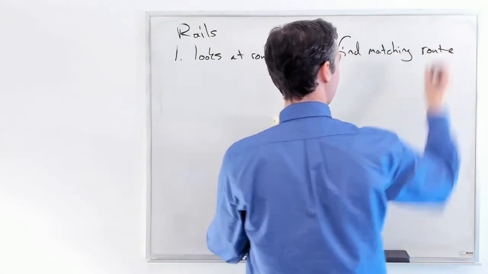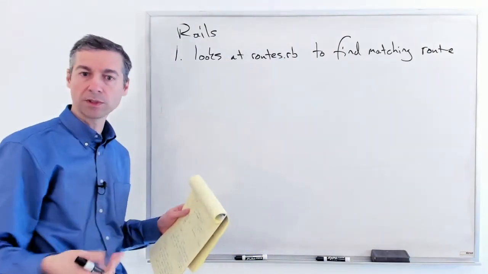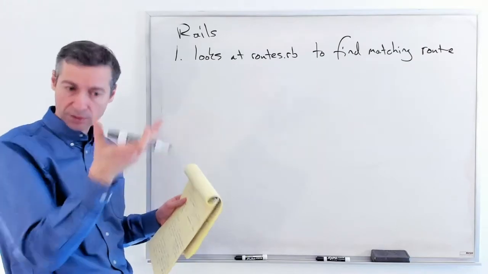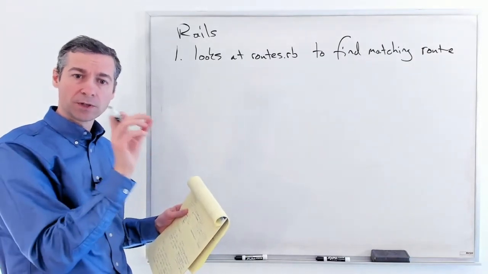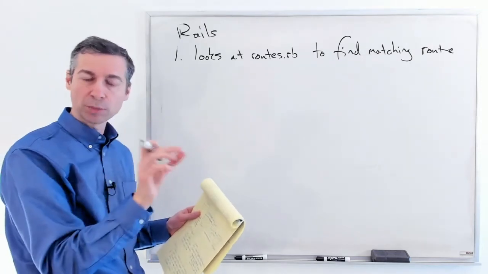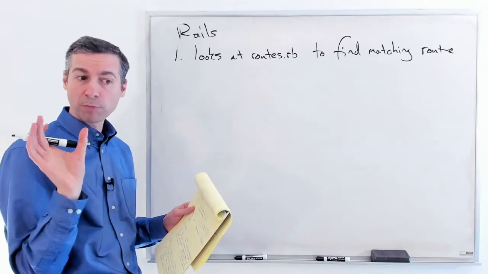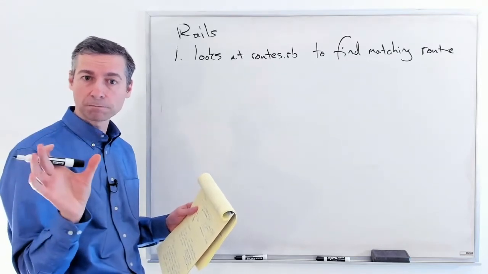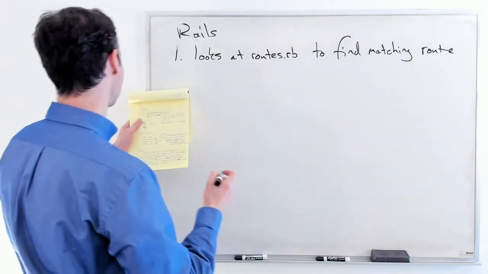A route is just a combination of that HTTP request, a get, post, delete, patch, and a path, and it's looking for a match. In the routes, you've defined, for this HTTP verb, so the verb is get, post, delete, patch, and for a path that's of this form, use this route. So it goes to find a matching route.